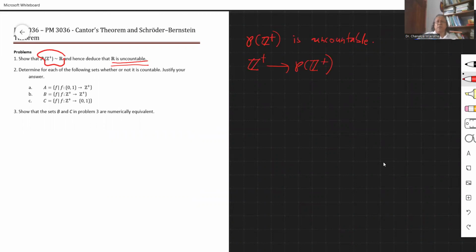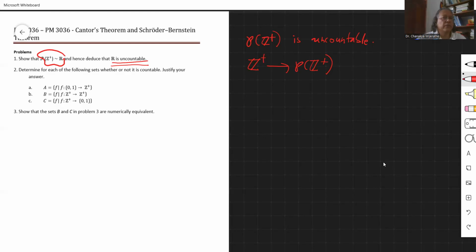So if P of Z plus is countable, then there is one. And since there is no such surjective function, it follows that P of Z plus is not countable. It is uncountable.